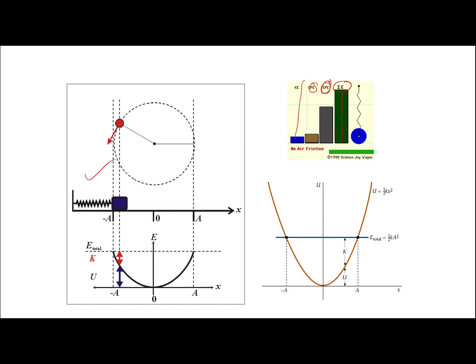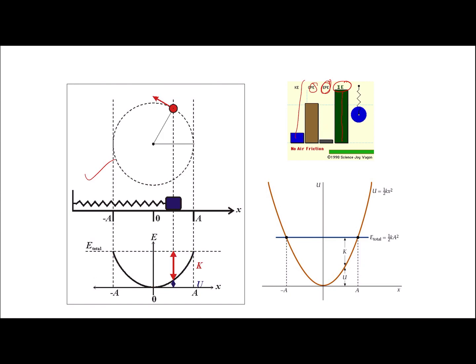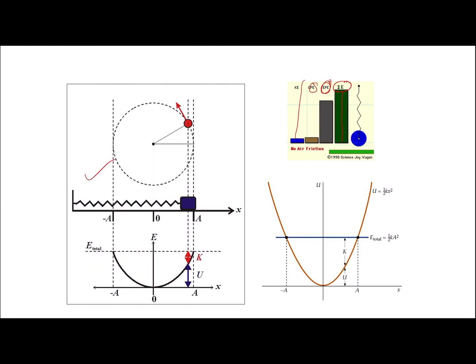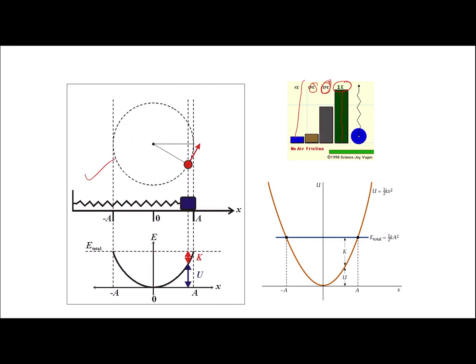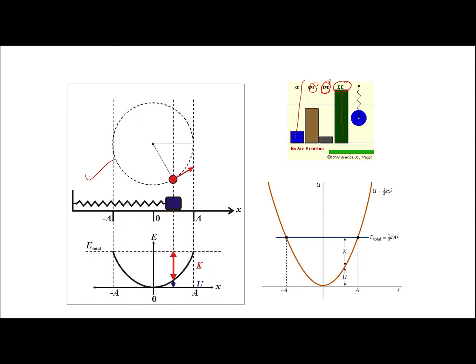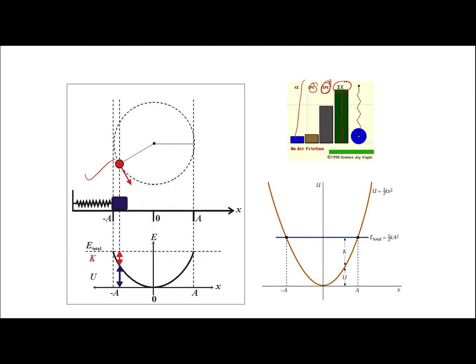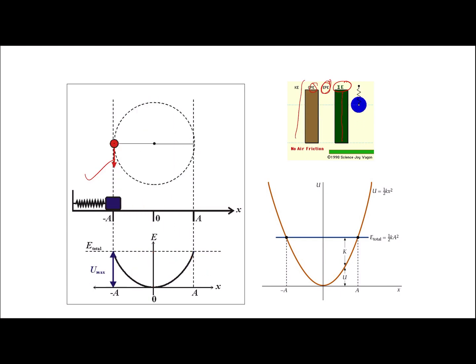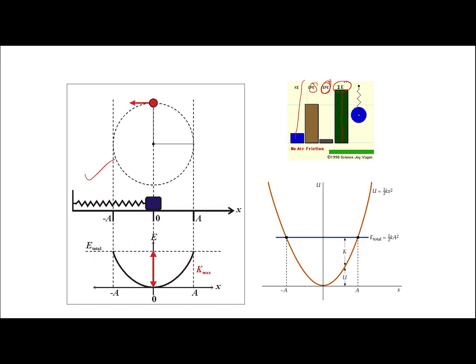If it is a simple pendulum like situation, there will be gravitational potential energy. If potential energy decreases, kinetic energy starts to increase, and vice versa, but their sum is always equal to half k times amplitude square. This principle is called the principle of conservation of energy.